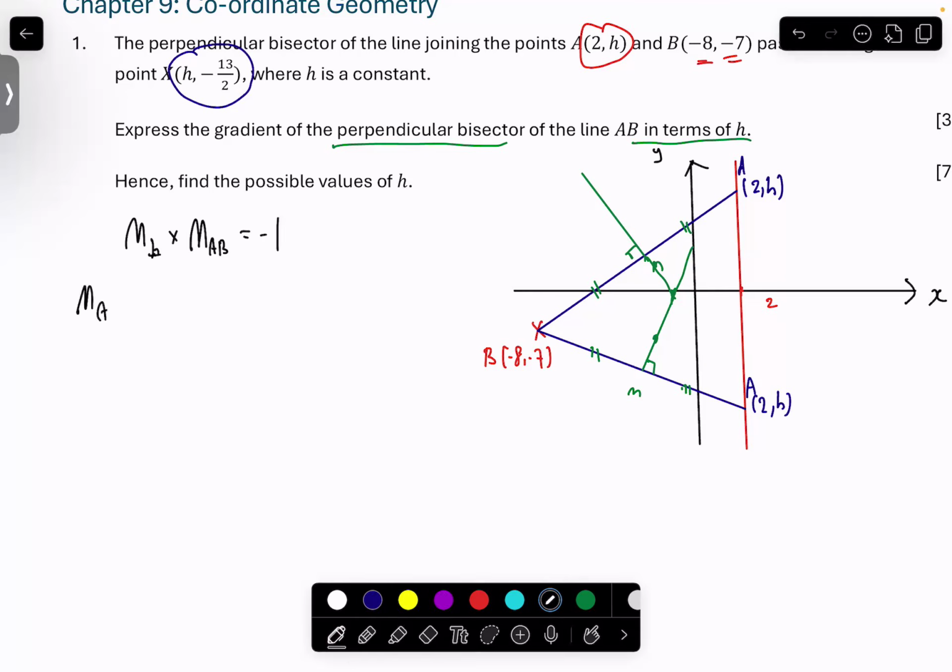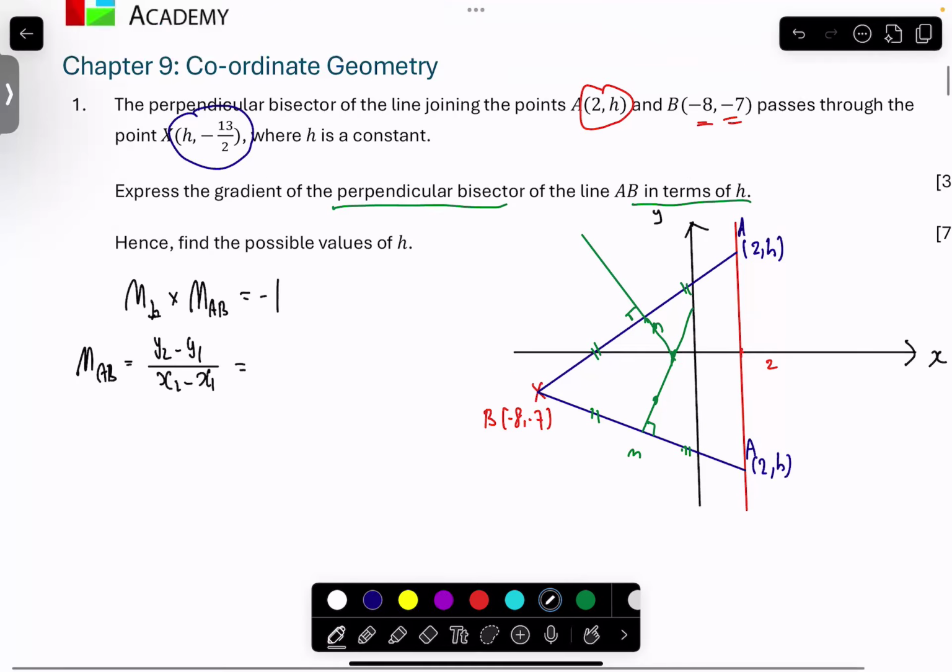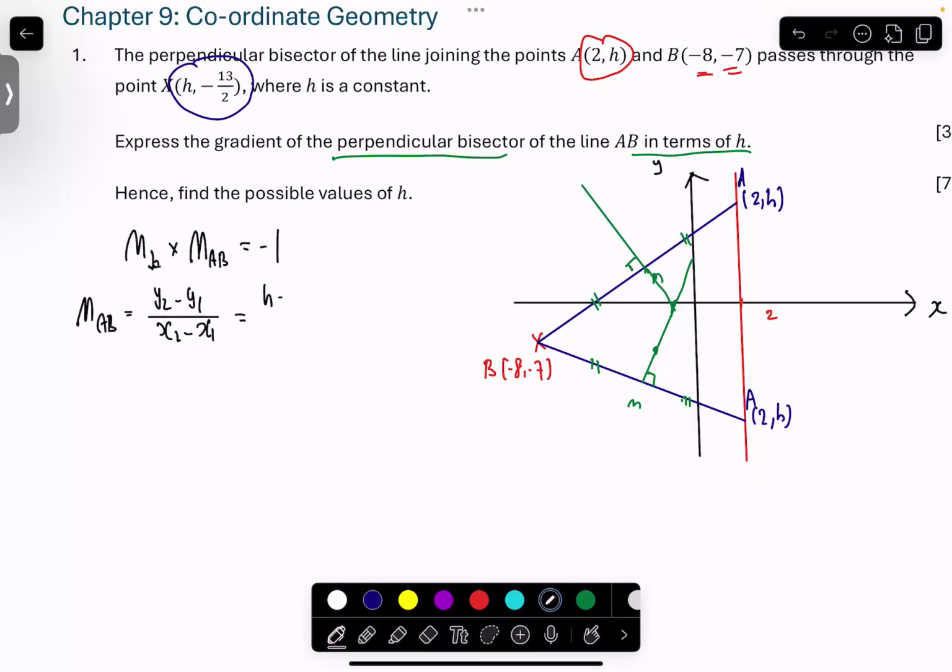So the gradient of AB can be found by taking y2 minus y1 over x2 minus x1. In this situation, it is h minus -7 over 2 minus -8, so we reach (h + 7)/10.